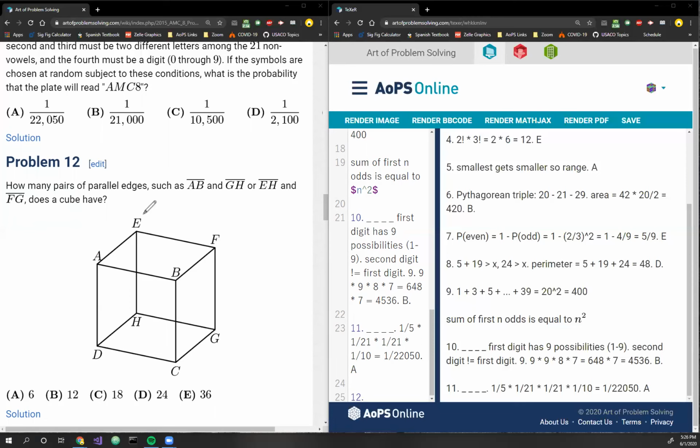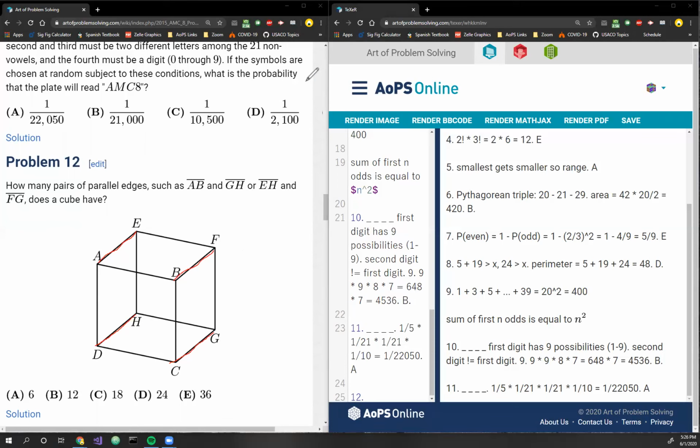So the idea is that, let's look at these 4 edges. If we choose any 2 of those edges, those 2 are parallel.